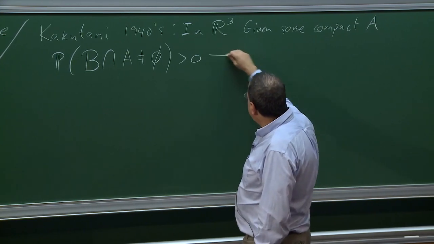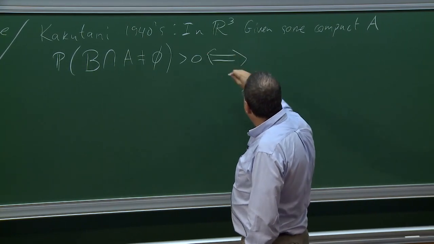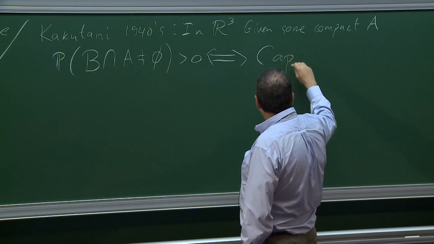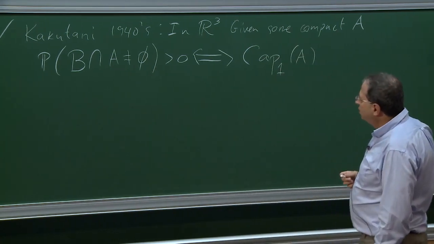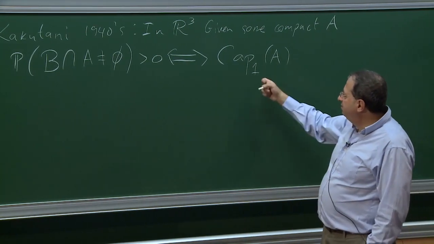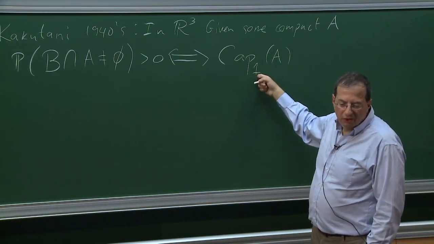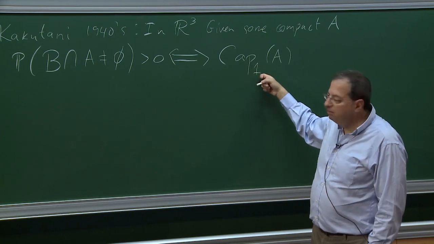The theorem of Kakutani is this happens only if A has positive one-dimensional capacity. If d is bigger than 3, then the 1 you will replace here by d minus 2.